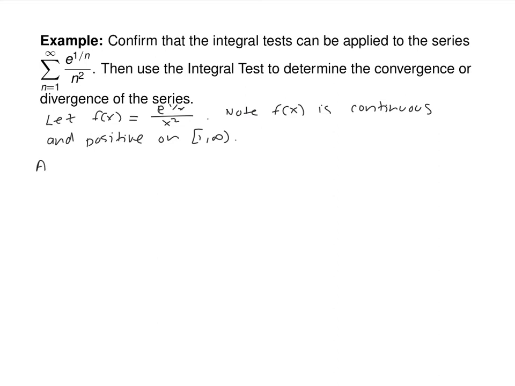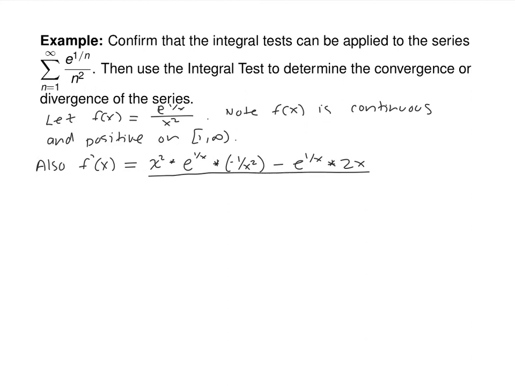Okay, so f prime of x, so use the quotient rule. So lower x squared times the derivative of the upper. The derivative of e to the 1 over x is e to the 1 over x times the derivative of 1 over x, which is negative 1 over x squared, minus the upper function times the derivative of the lower function, all over that lower function squared, which will be x to the 4th.